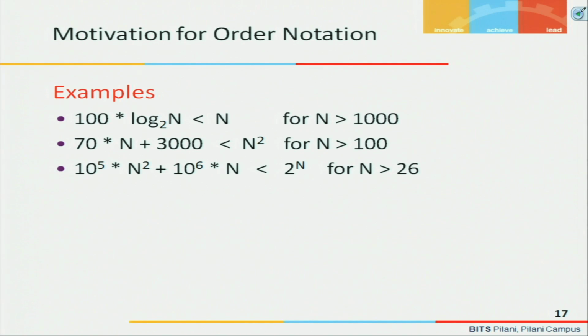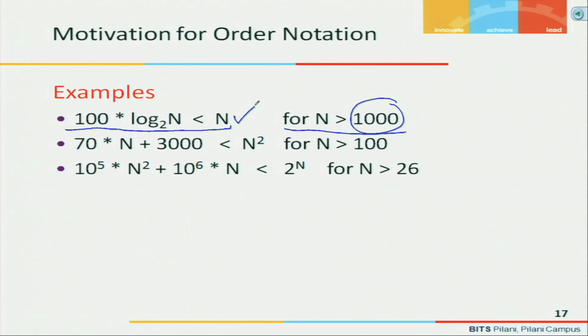Let us look at a few more examples to motivate the notation. The first example is 100 times log n to the base 2. It is easy to observe using standard school algebra that when n is large, in this case bigger than 1000, 100 log n is less than n.